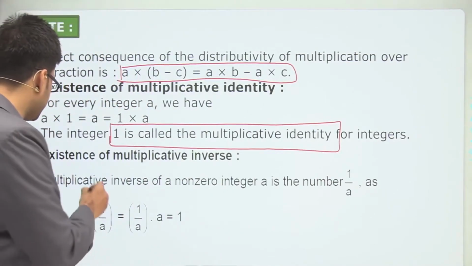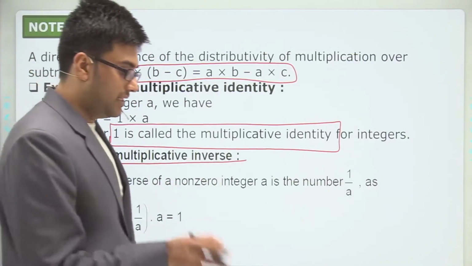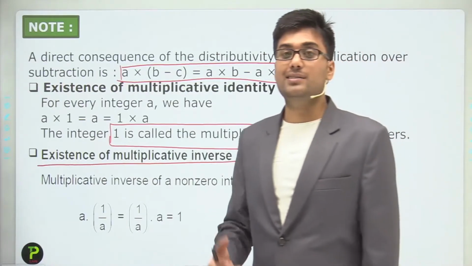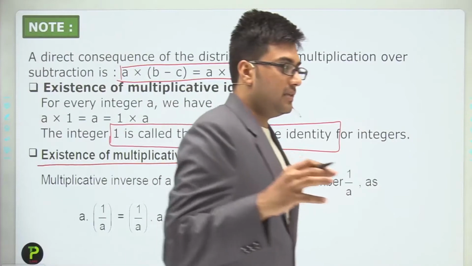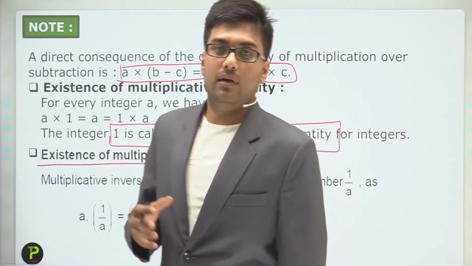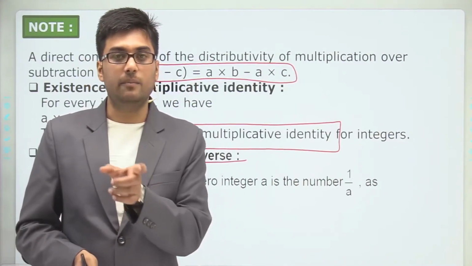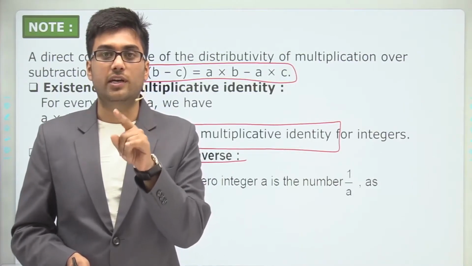Now let's discuss the existence of the multiplicative inverse. We discussed what the additive inverse is. When we add a number to another number and it becomes 0, then that number is the additive inverse.